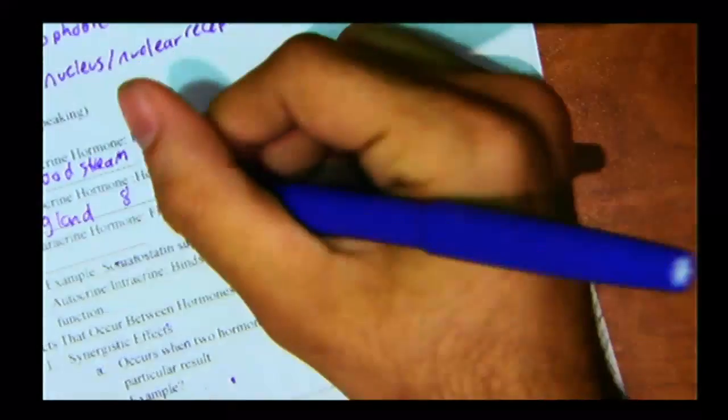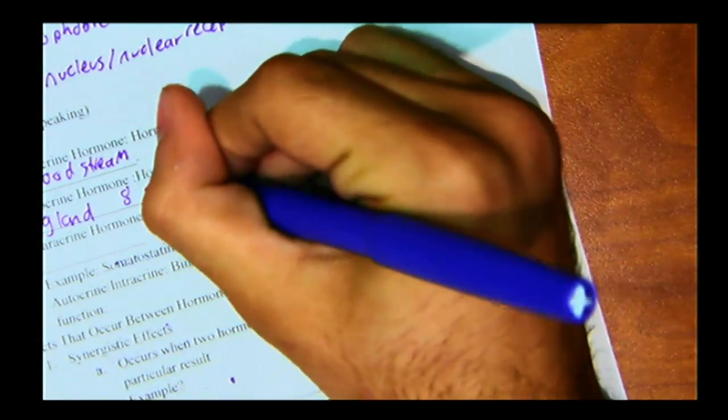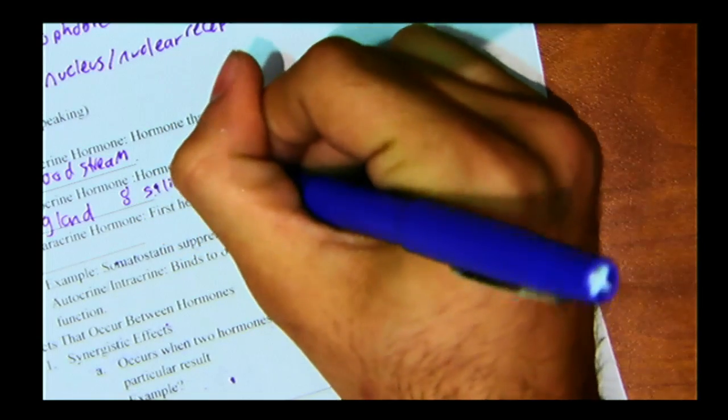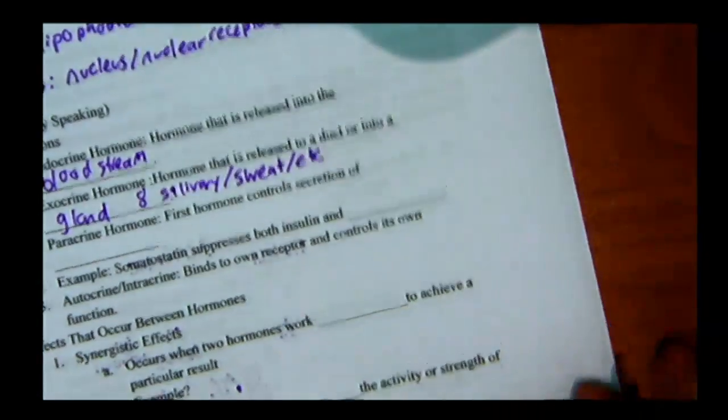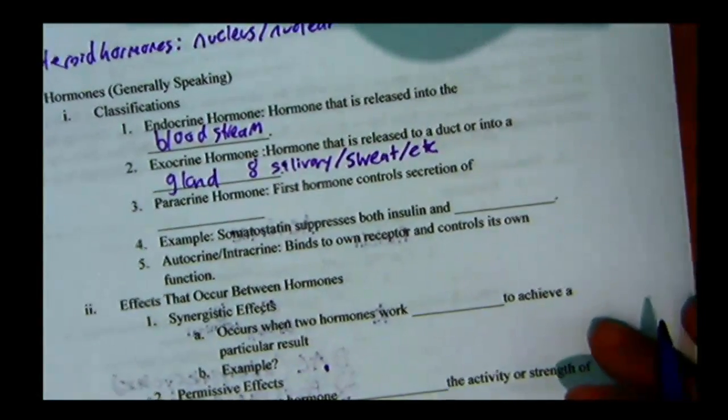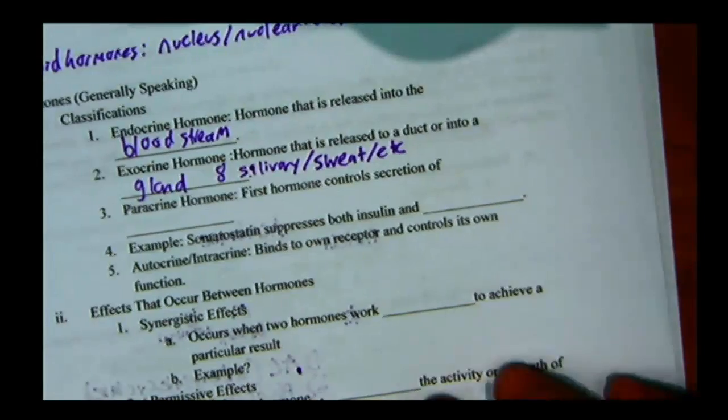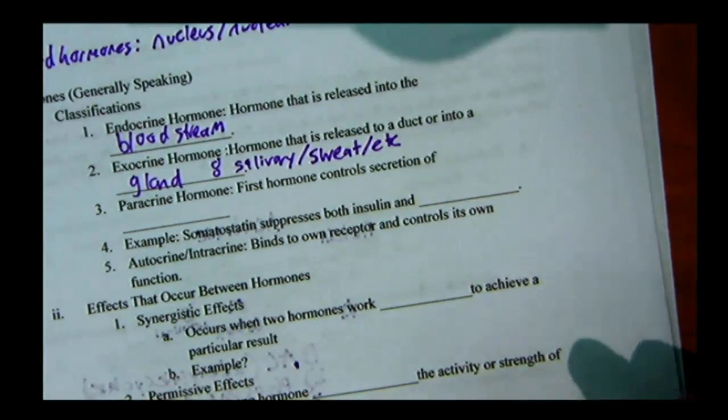A paracrine hormone is when the first hormone controls secretion of a second hormone. The example is somatostatin suppresses both insulin and glucagon.